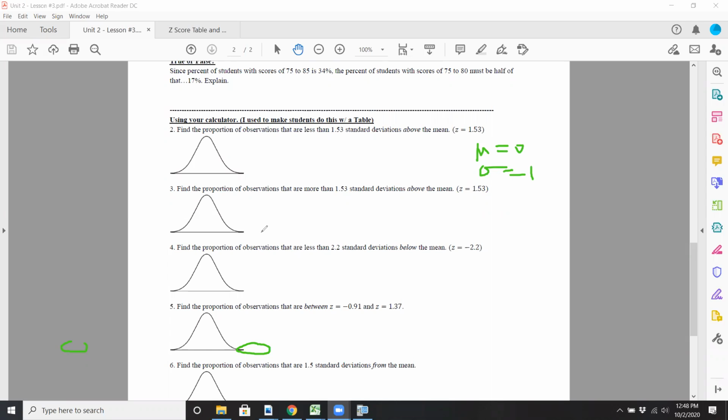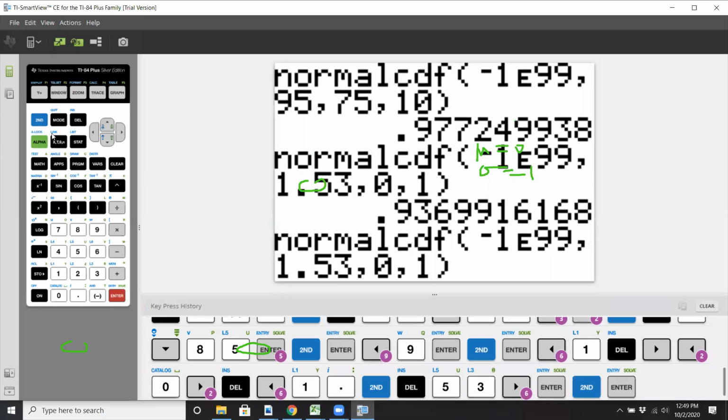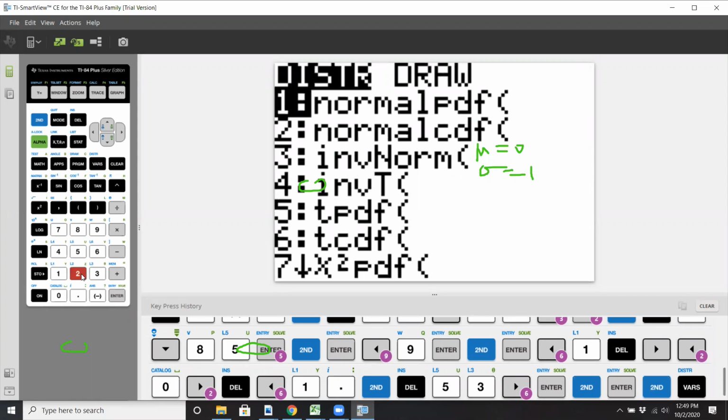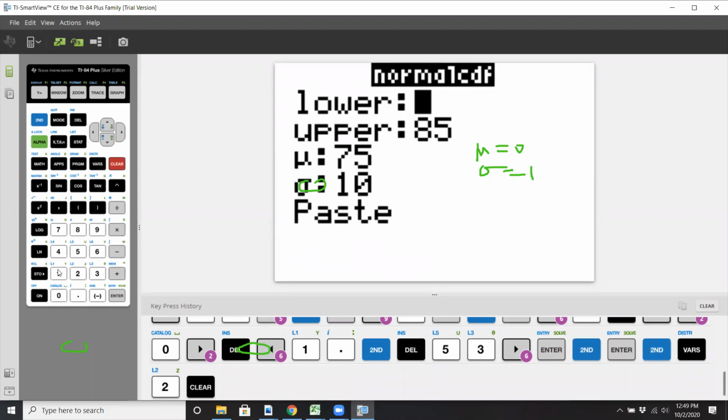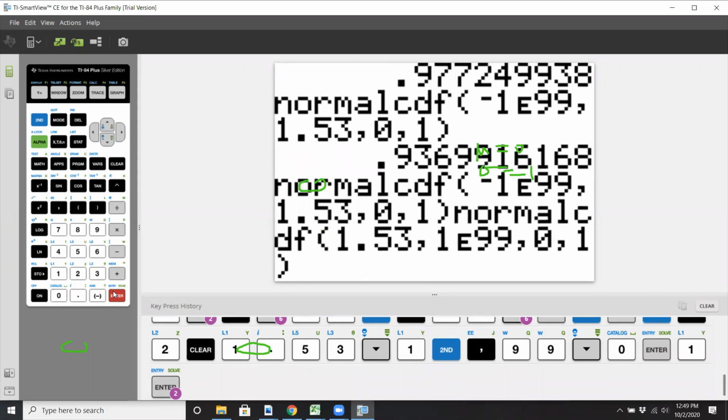For number 3, you can do the same thing, but now you're going greater. So if I go back to my calculator, let's go with option 2. I'm going to clear that and put 1.53. Now I'm going to put in 1e99, then 0 and 1.